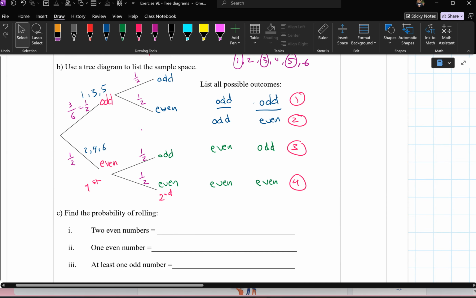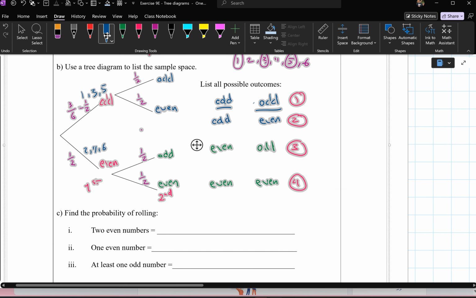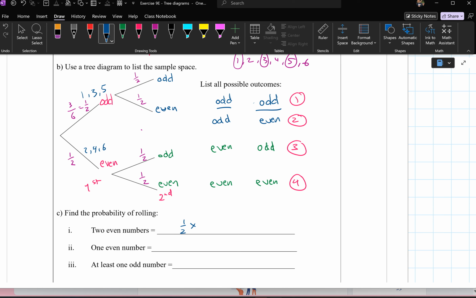What's the chance of getting 2 even numbers? Well, on the first one, what's the chance of you getting an even number? You got 50%. And then you got another 50%. So it's 50% of the 50%. And how do you work that out? It literally is half, which is 50% for the first go, of, which means times, another half. So you can see even, even.